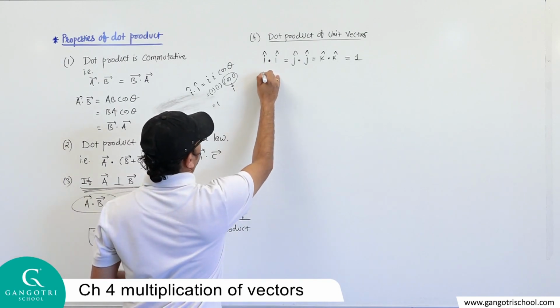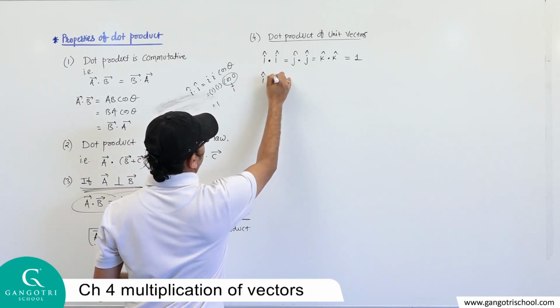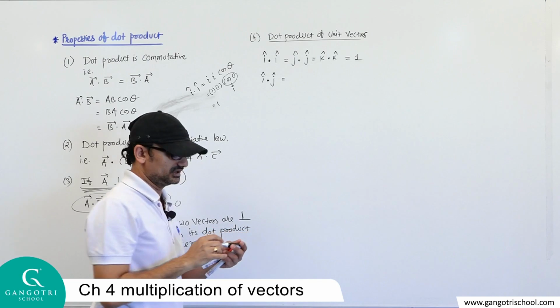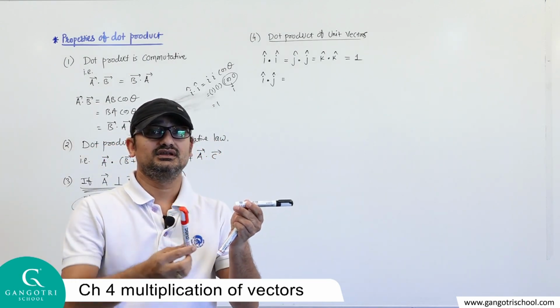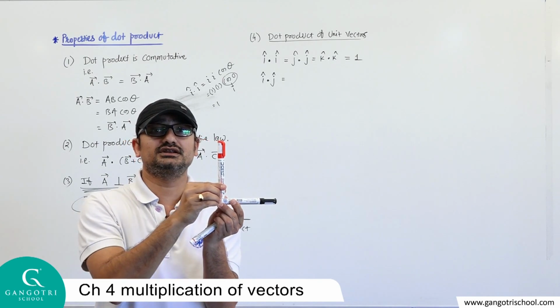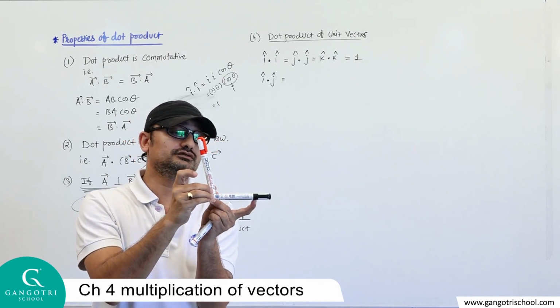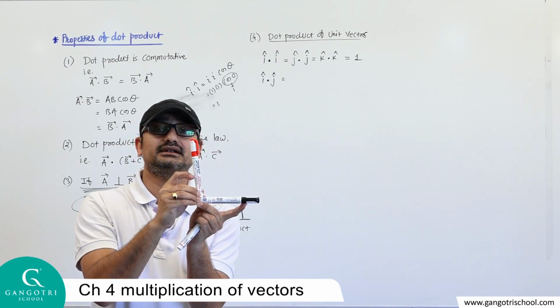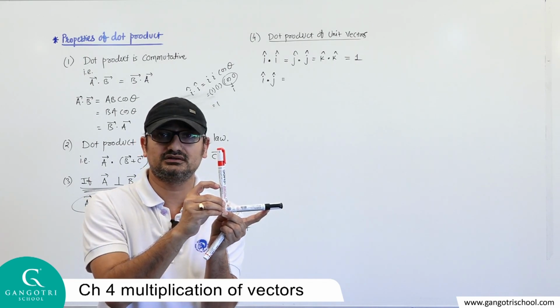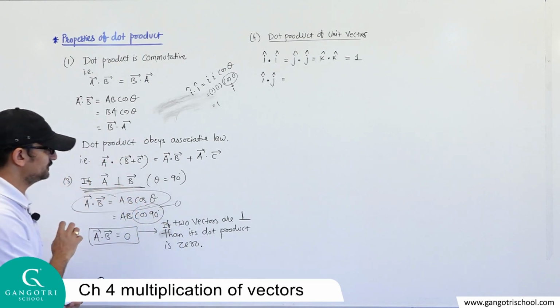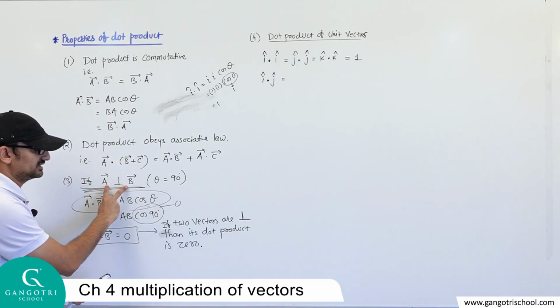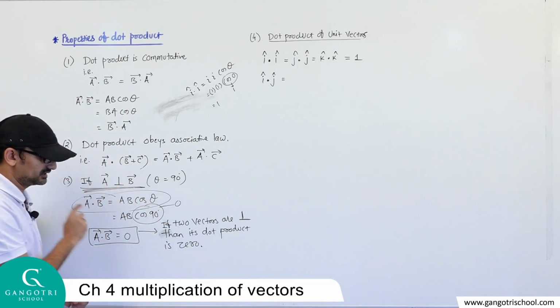Now i caret dot j caret. We know that i caret is a unit vector in x direction, and j caret is the unit vector in y direction. So i caret and j caret are perpendicular to each other. The angle between them is 90 degrees. In the third property we already studied that if two vectors are perpendicular, then their dot product is 0.